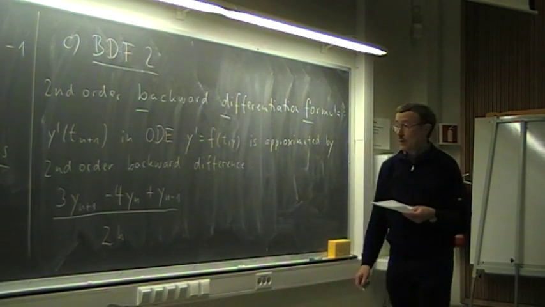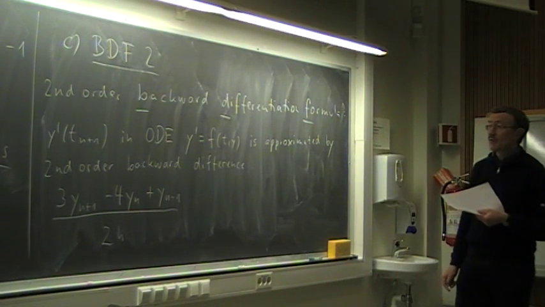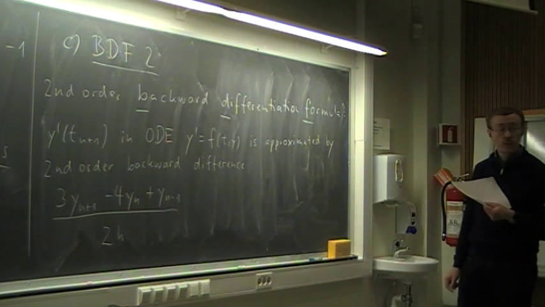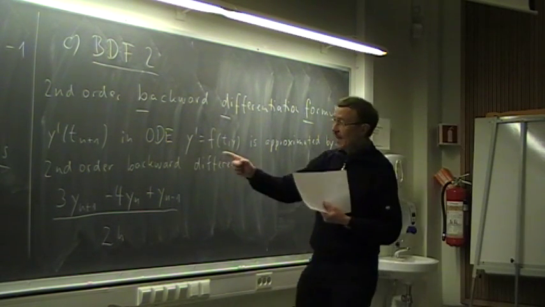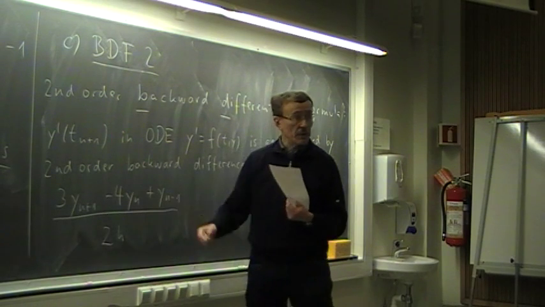And here, so that is the first thing, that is the formula that you'll have good use of also when we talk about PDEs, boundary conditions, for example. But here it is for getting a good approximation, a second order approximation at time level n plus 1 of the first derivative.